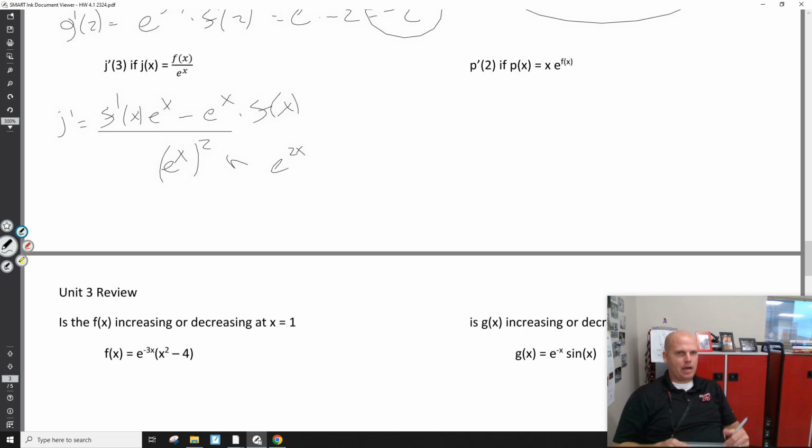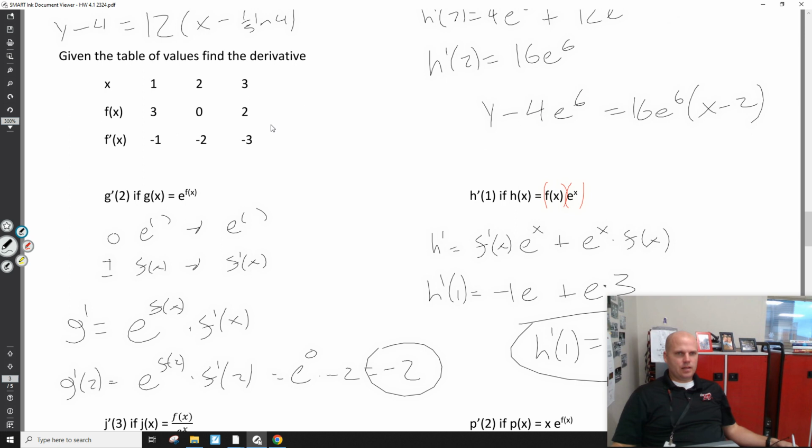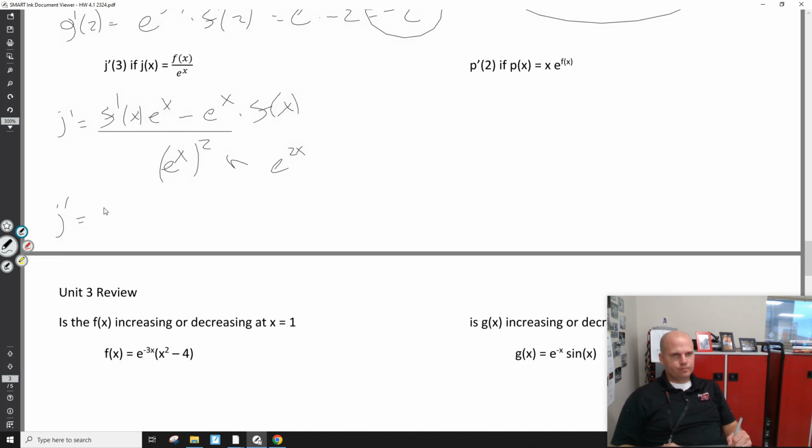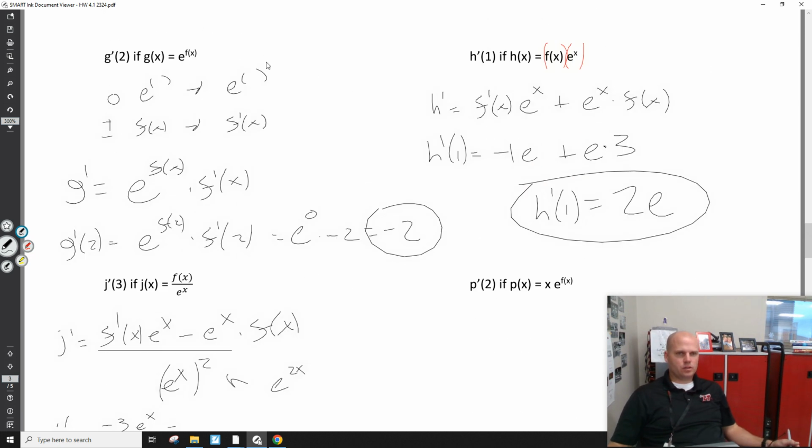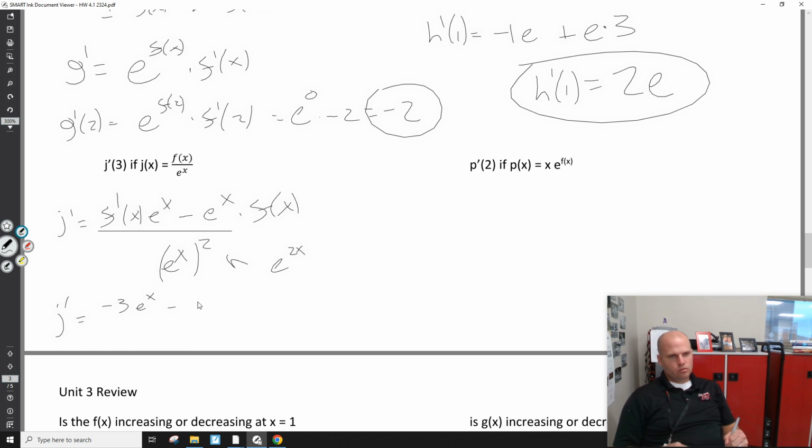You can multiply the powers. Plugging in 3, it becomes e to the 6. So f prime of 3 is negative 3, e to the x minus f of 3 is 2 e to the x over e to the 6th.